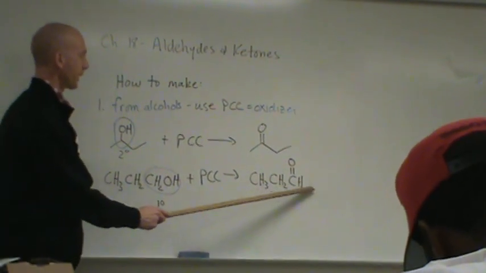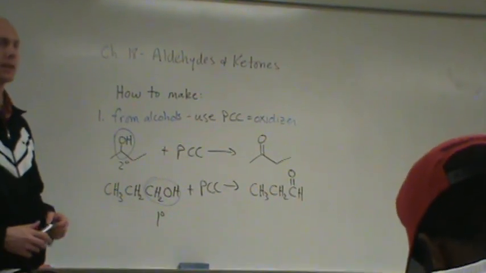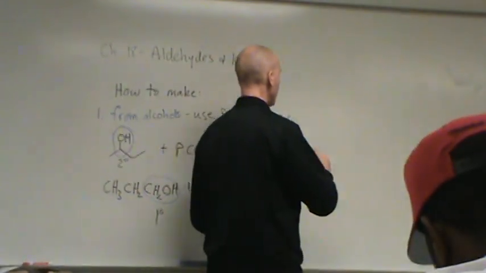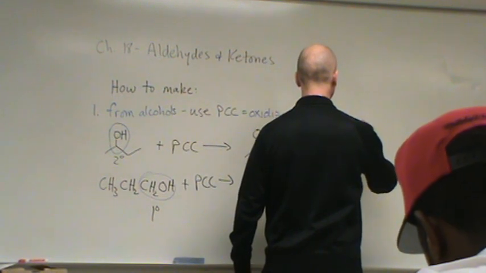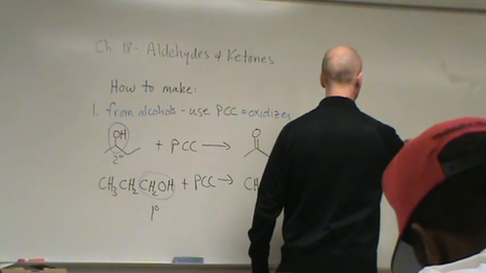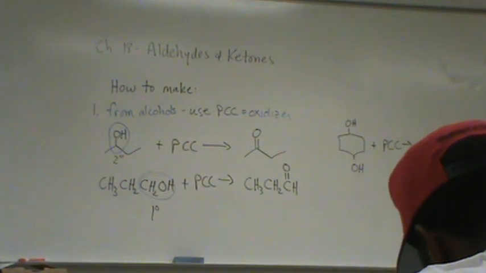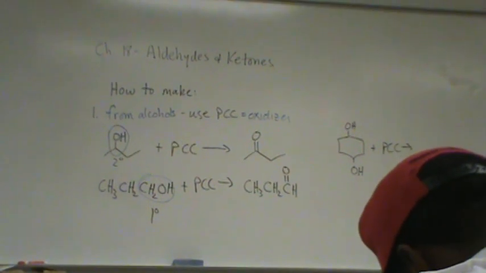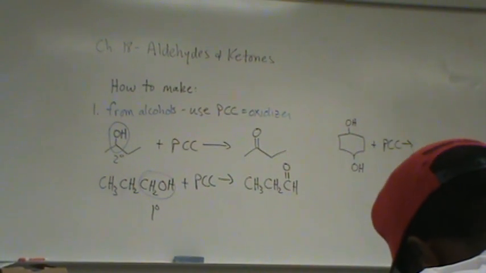So if you're at the end, you get the aldehyde group. Same thing for something like that. If I had 2 OHs on here, what's it going to do? Oxidize both of them.